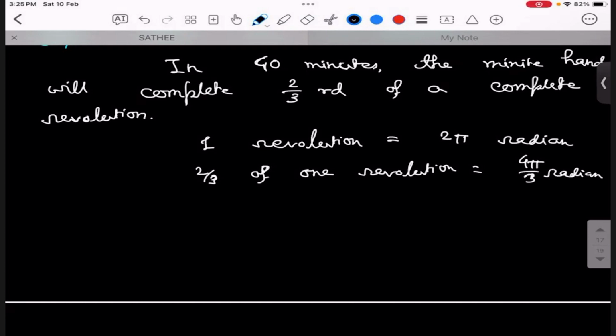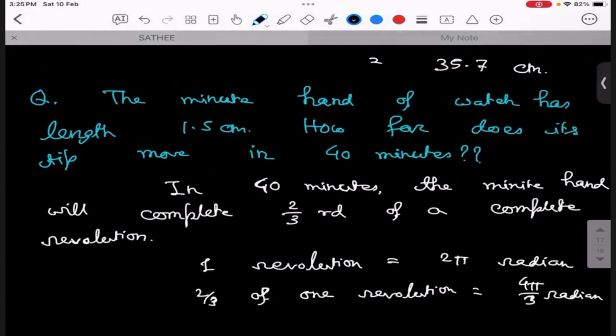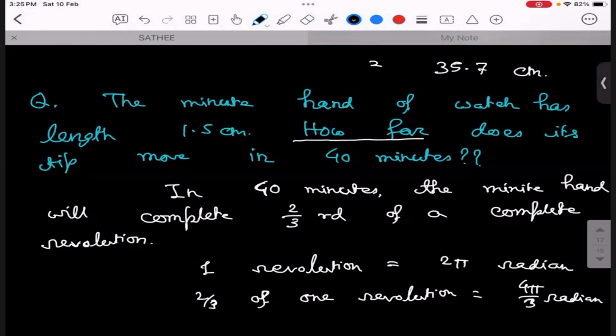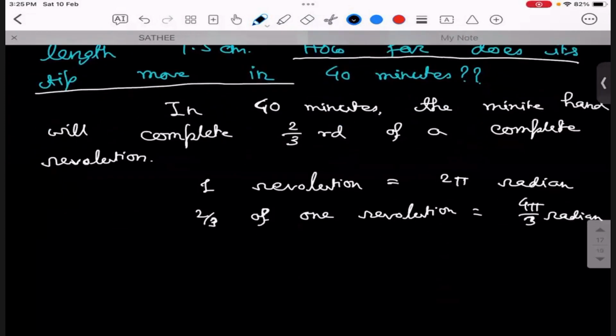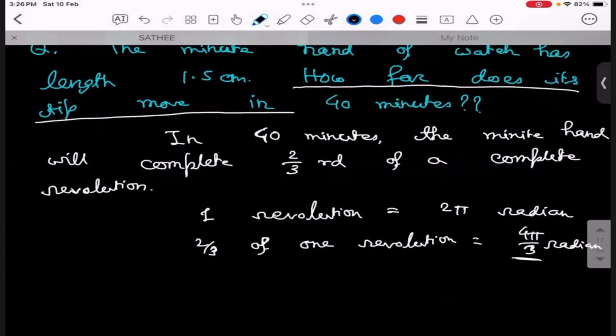So now the question becomes, how far does the tip move when the angle between the initial and terminal sides will be 4 pi by 3. Now in this case the minute hand is moving in the clockwise direction.